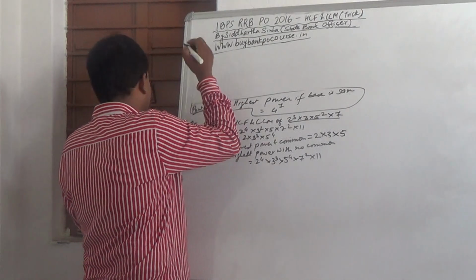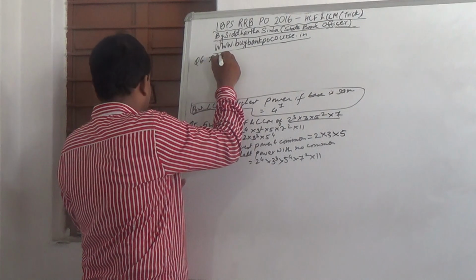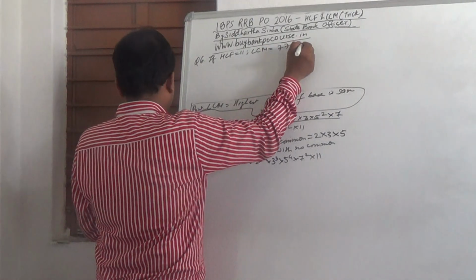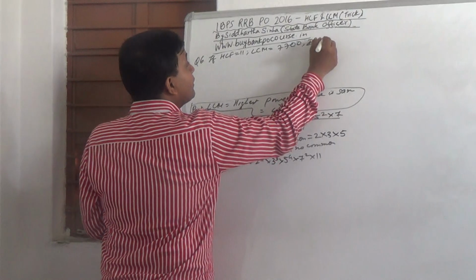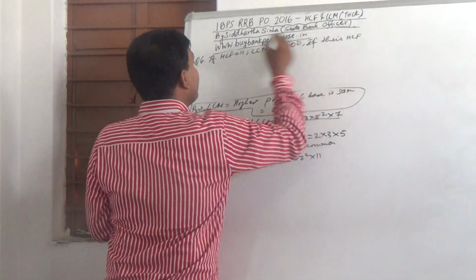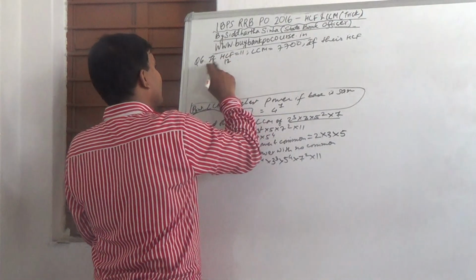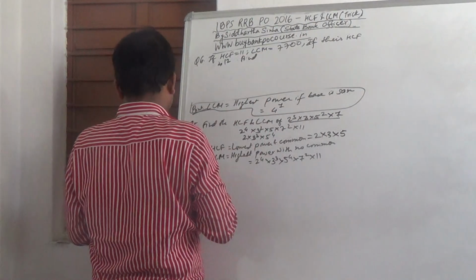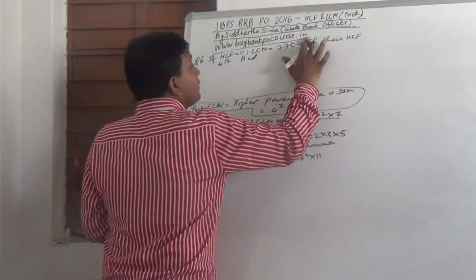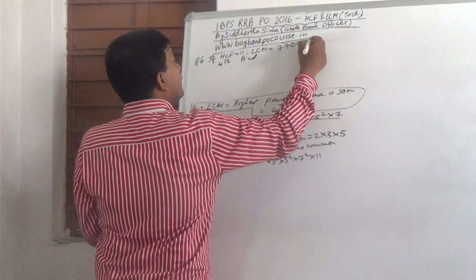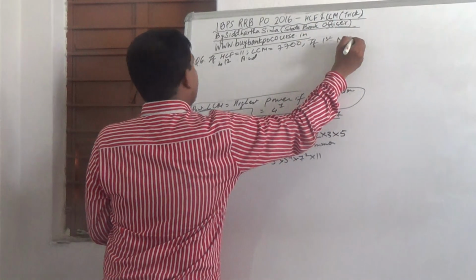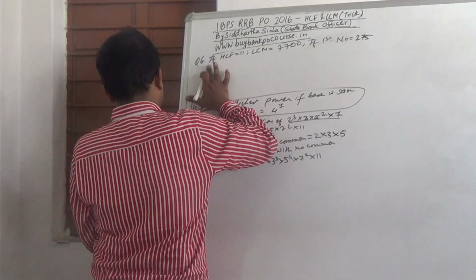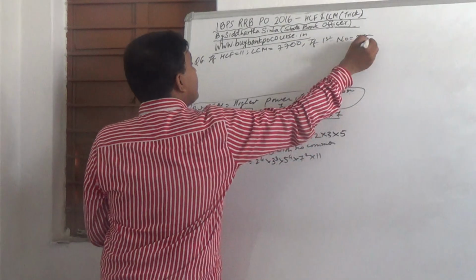Question number 6. If SCF is equal to 11, LCM is equal to 7700, and if the first number is 275, find the second number.